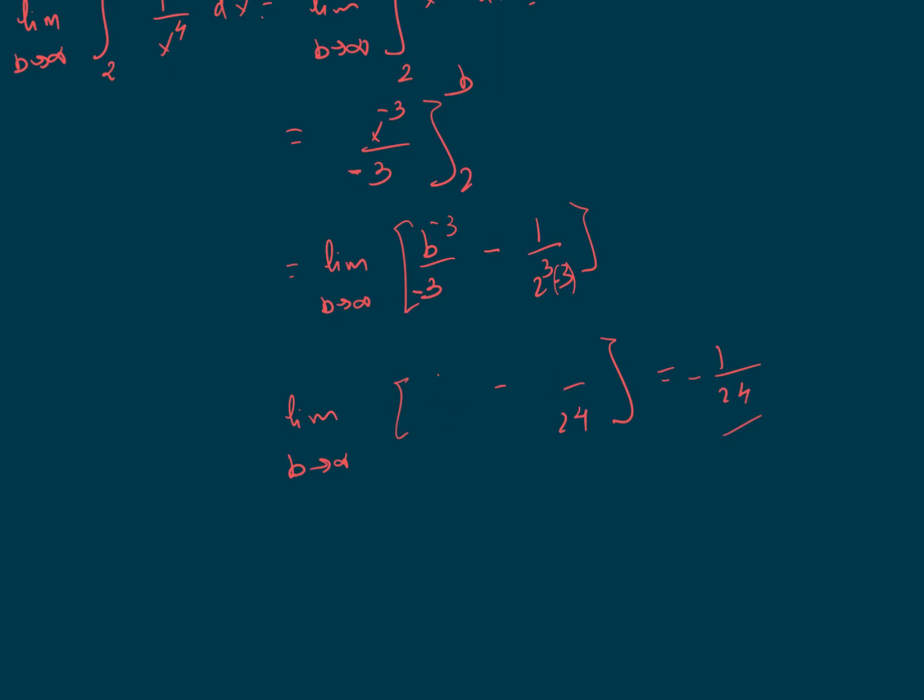So now it will be minus 1 divided by 3v cubed, and minus times minus is positive, plus 1 divided by 2 cubed multiplied by 3.